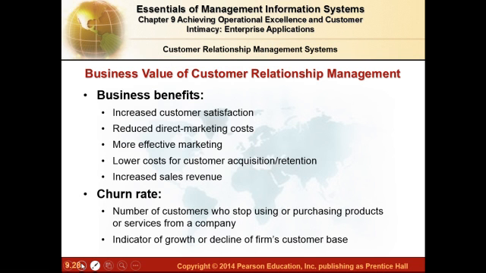Next, the business value of customer relationship management. Once again, the benefits of using a CRM system are worth the challenges you will face.